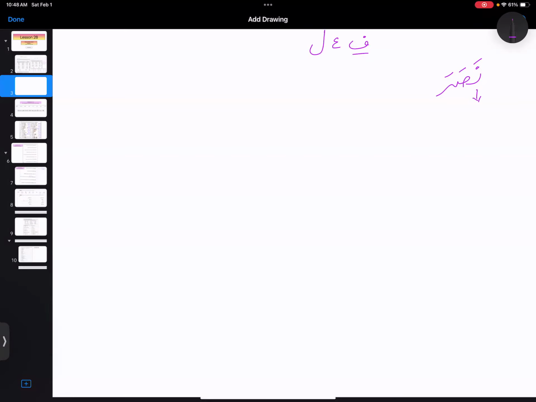The first root letter is called fa kalima, or you can say first radical. Ain kalima, you can say middle root letter or second radical, whatever you want to call it. And then we have the third one over here. So if I ask you in Nasara, find my fa kalima. Where is my fa kalima?